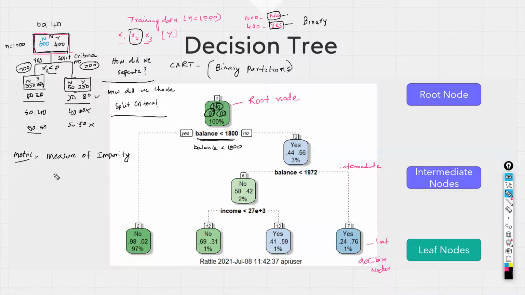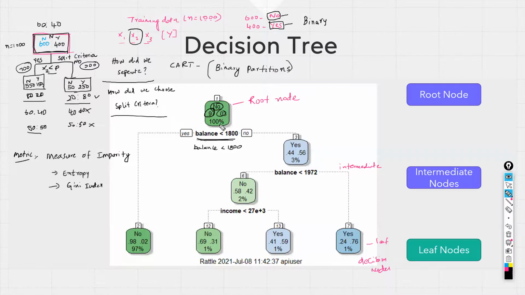And there are many measures for this. The commonly known measures are called entropy and Gini index. So these are the common measures that are used for measuring how good a split is.